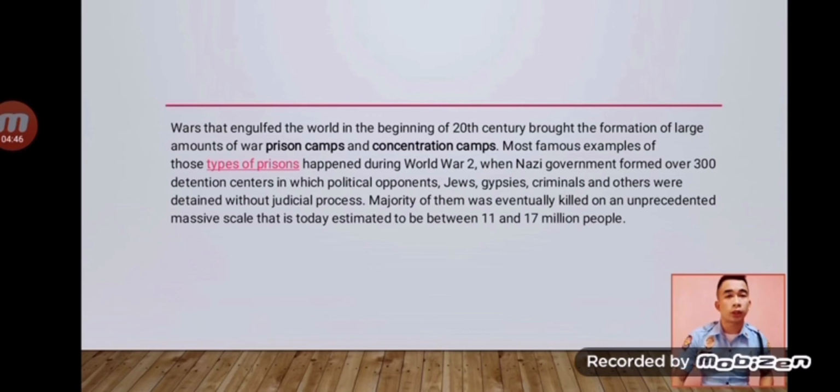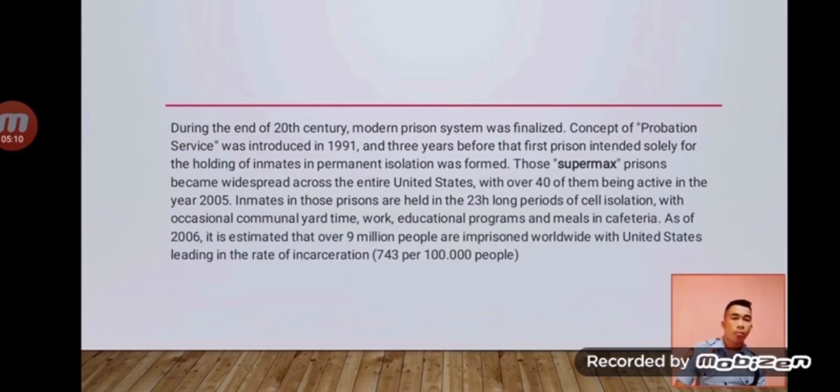During those times, when you are detained, there is no judicial process because of the situation, World War. The majority of them were eventually killed on an unprecedented massive scale that is today estimated to be between 11 and 17 million people.